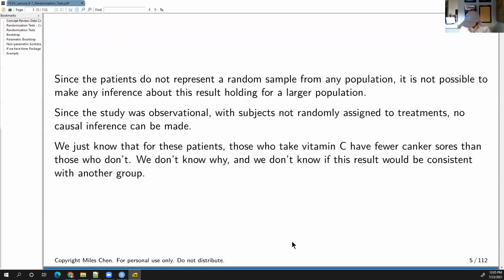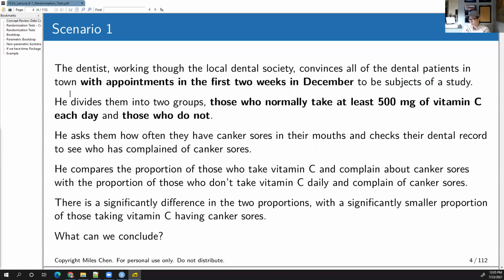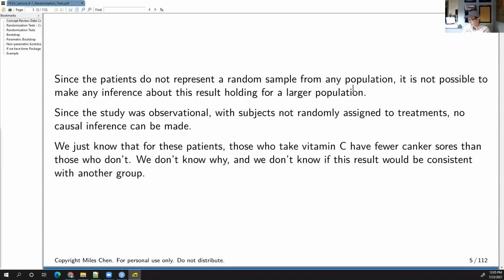The answer is, since the patients do not represent a random sample from any population, it is not possible to make any inference about this result holding for a larger population. We looked at patients with appointments in the first 2 weeks in December. That's not a random sample, and so we cannot generalize to the larger population.